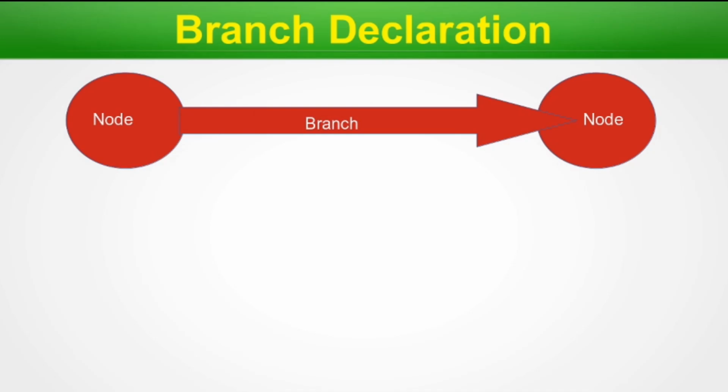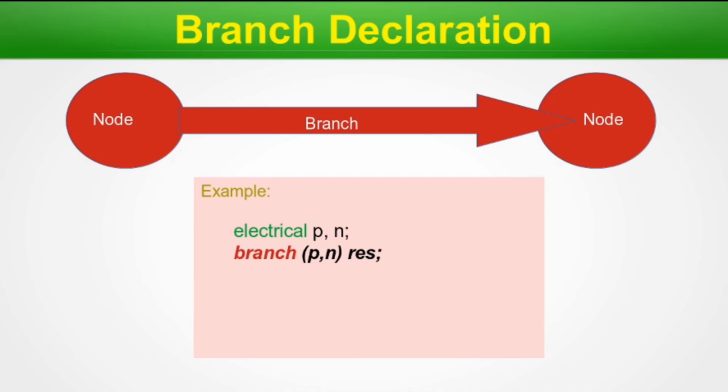Let's see how we can write a branch in Verilog-A syntax. In the example, we define P and N nodes as electrical in nature. Then we write branch, then we write P and N, the nodes, and res, the name of the branch. This is how a branch is defined. And we define here a parameter R equal to 50 of real nature, and we start our analog block with analog begin.